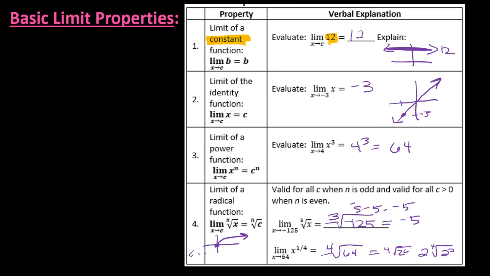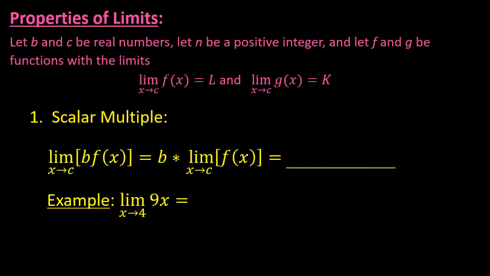All right, so continuing to move on. We have some properties of limits, and that is what I'm going to cover next. When we look at these properties of limits, the first one is going to be our scalar multiple. This definition is going to be on every slide for the next 5 slides.